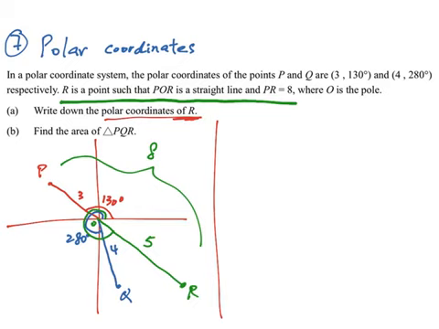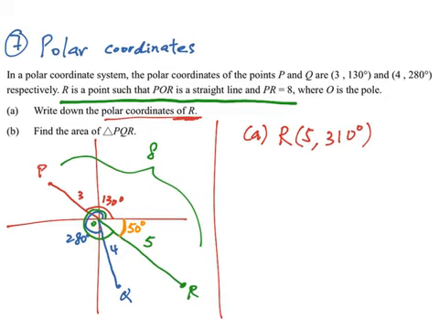Because POR is a straight line, and a straight line is 180 degrees, 180 minus 130, this angle is equal to 50. So for part A, the coordinate of R is 5 and 360 minus 50, so it becomes 310.